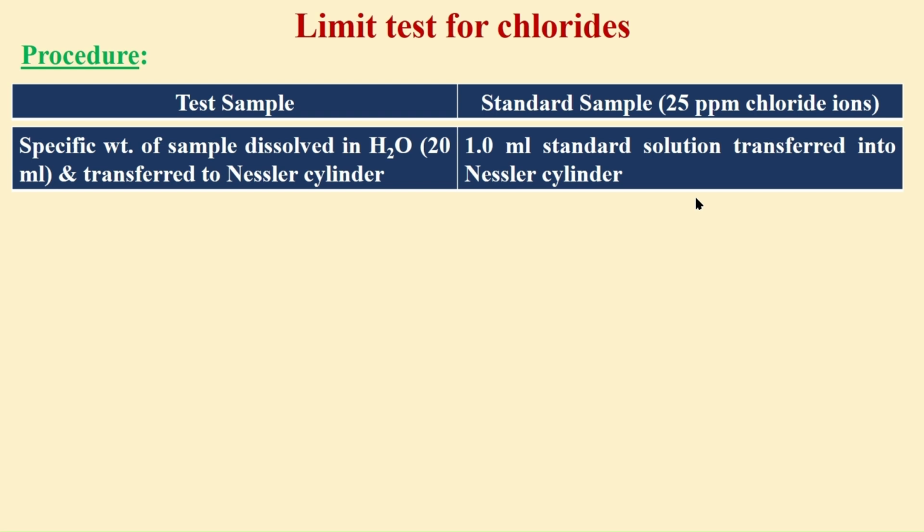We take the specified amount of the sample as prescribed by the Indian Pharmacopoeia and dissolve it in around 20 ml of water taken in the Nessler cylinder. In another Nessler cylinder, we add 1 ml of standard chloride solution which has 25 parts per million chloride ions.